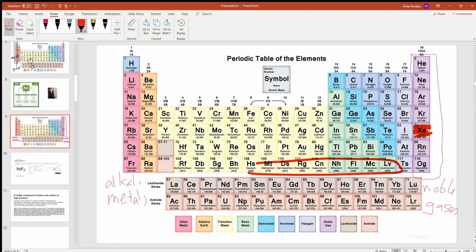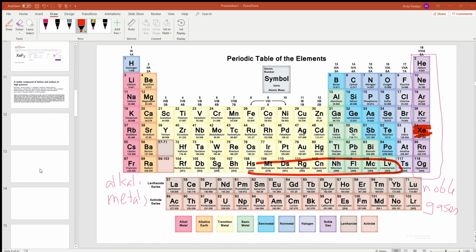But what I want to show you now is that we do get very similar properties within a column on a periodic table. So if you're familiar with the alkali metals in group 1, you may know that they're very, very reactive with water. But as we'll see in a moment, as we go down the periodic table, that reactivity increases.